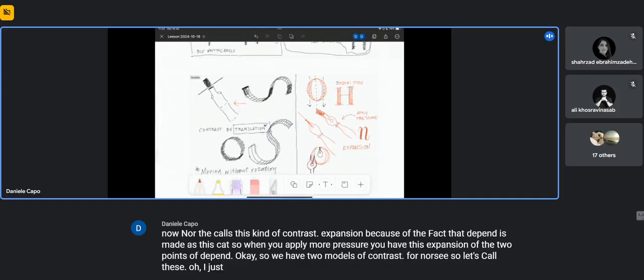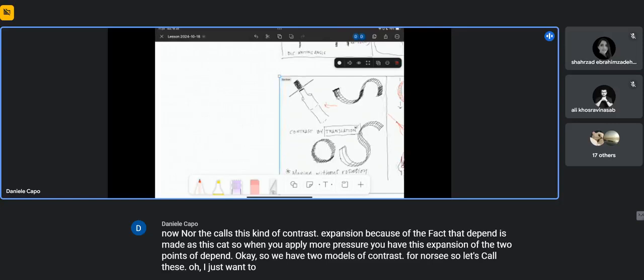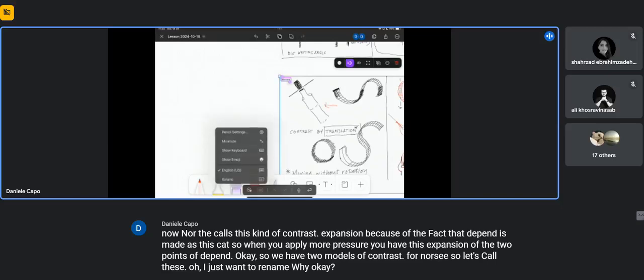I just want to rename. Why? Okay. Show keyboard.